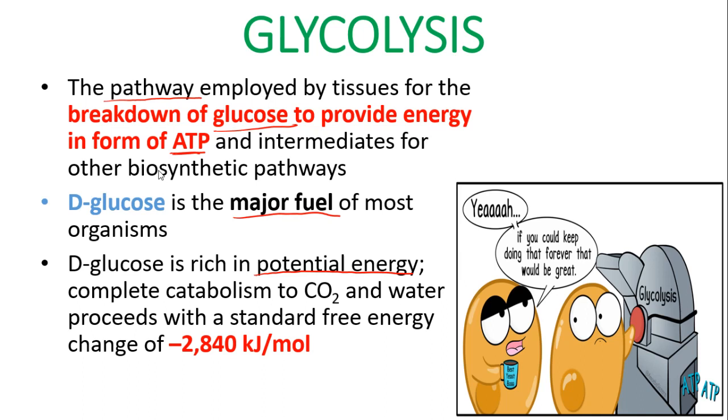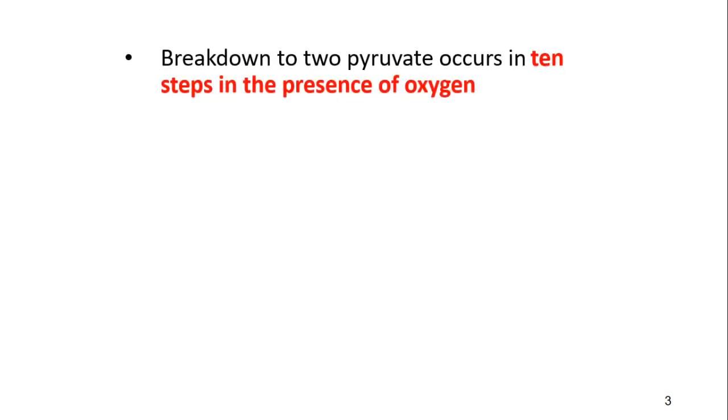So when we talk of this same glucose, which is broken down by the process of glycolysis, there is another important product which is released by this process, and this important product is pyruvate.